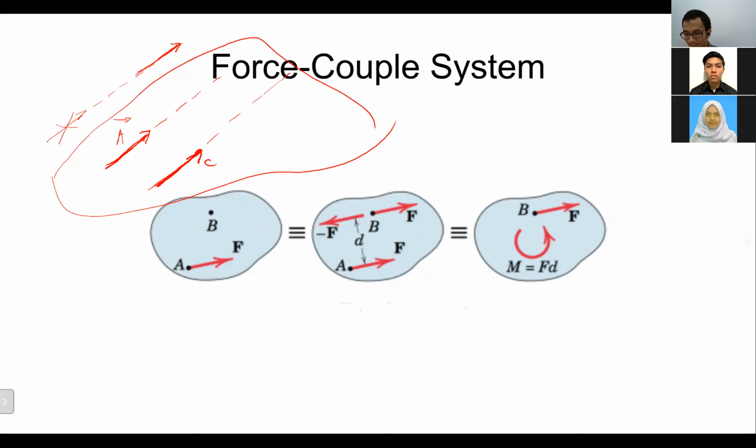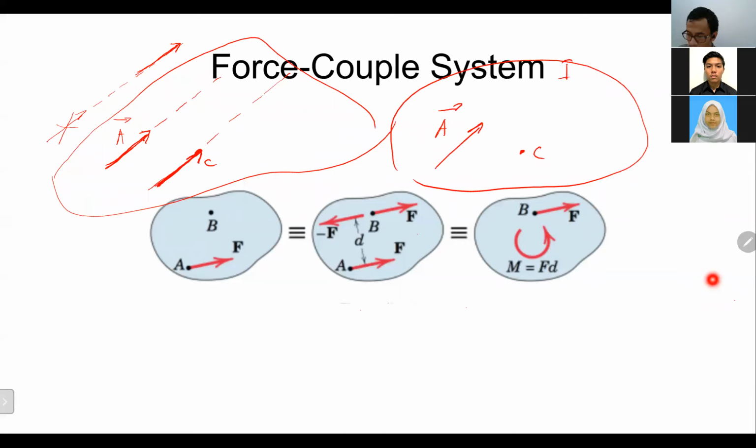But if I do it this way, this condition is not in static balance with the previous one. It's not in the same condition, because in the previous one we only have one force, force A, like this. And this is point C. This is the original one.